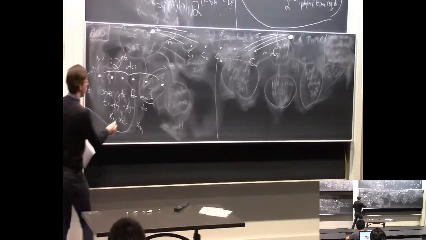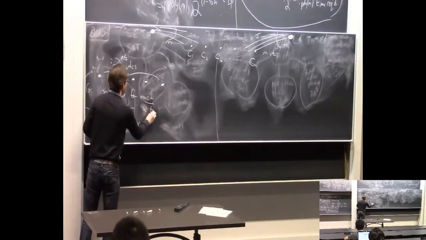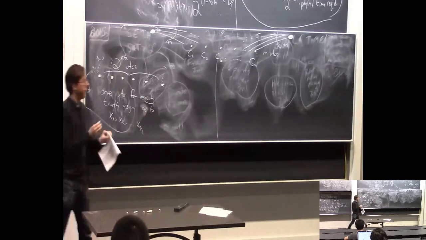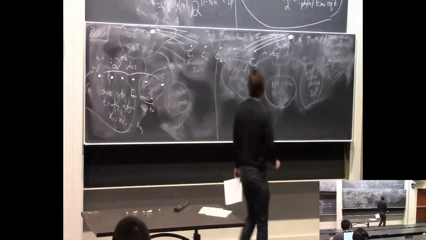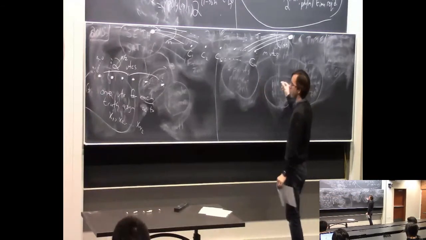I'm going to usually call these assignments alpha. So these are partial assignments, assignments to the first half of the variables. And you're going to have exactly the same thing over here, but for the second half of the variables.